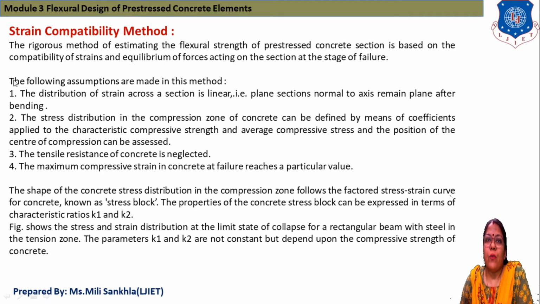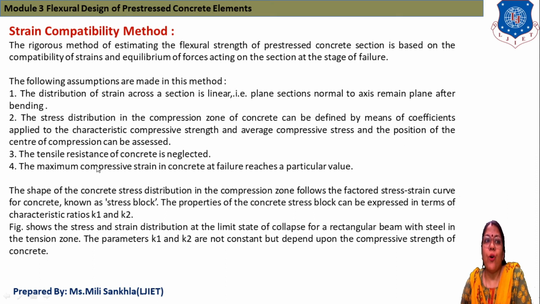Now first of all, we assume the distribution of strain across the section is linear and plane sections normal to the axis remain plane after bending. This is the first assumption. The second assumption: the stress distribution in the compression zone of concrete can be defined by means of a coefficient applied to the characteristic compressive strength and average compressive stress.